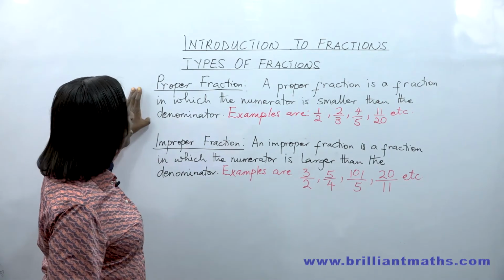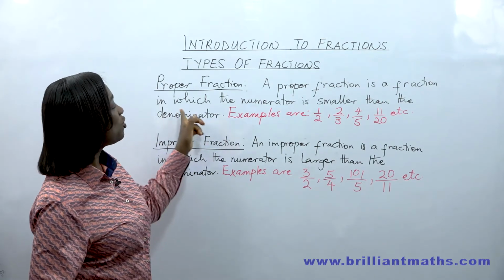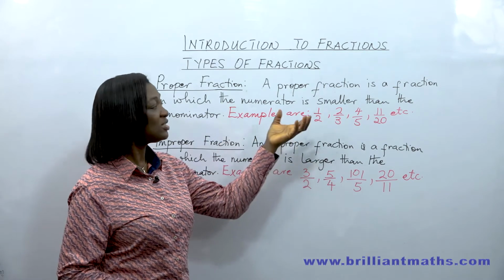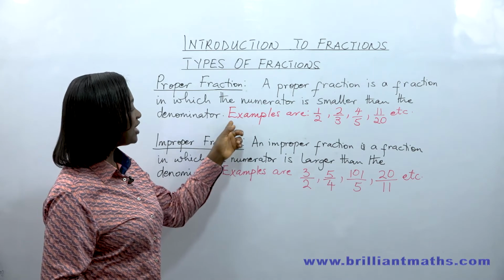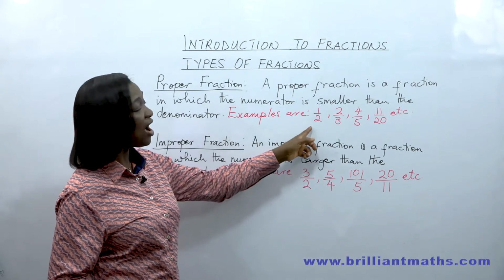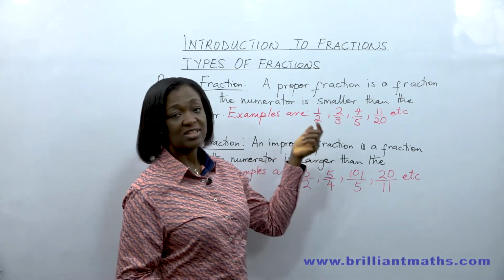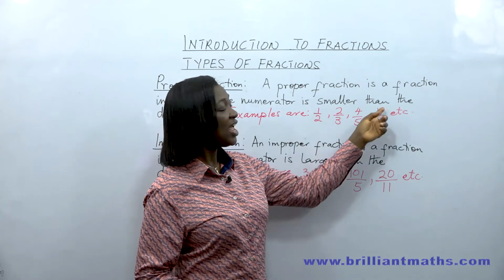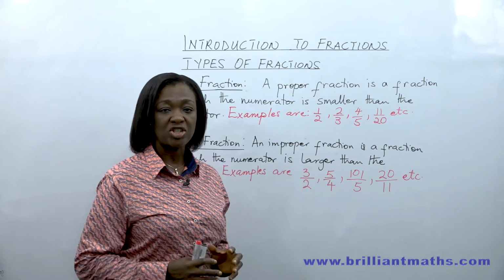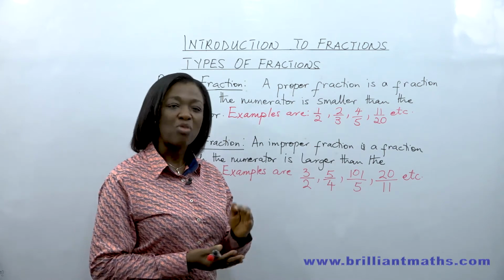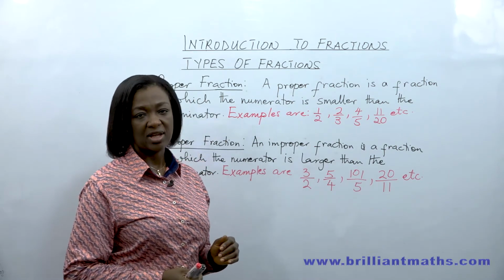Then, a proper fraction is a fraction in which the numerator is smaller than the denominator. Examples of proper fractions are 1/2, 2/3, 4/5, 11/20, and so on. So when you have a proper fraction, the numerator is smaller than the denominator.